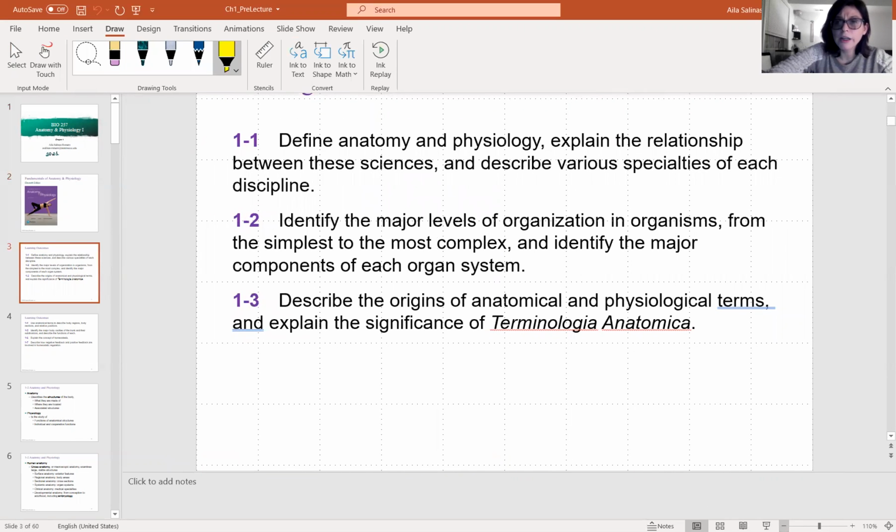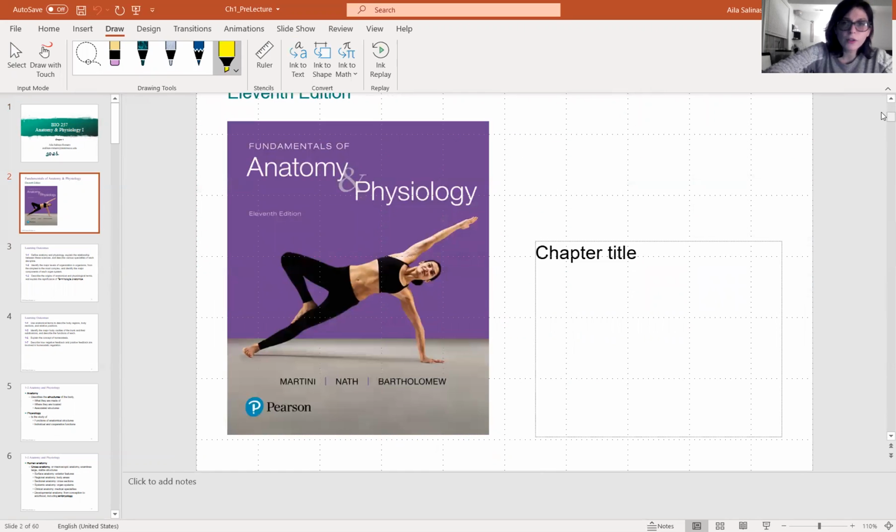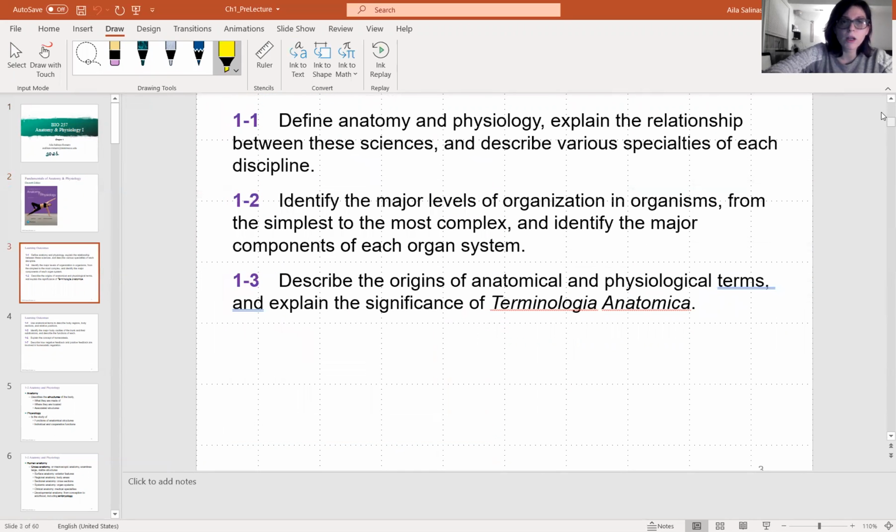Okay, here I'm going to start with our learning outcomes. If you are not familiar with the term, learning outcomes are what we are expected to learn in that lecture. So for today, we will define anatomy and physiology and explain the relationship between these sciences.